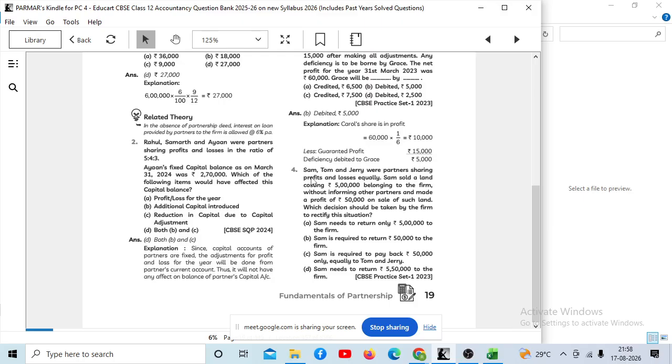Option A, Sam needs to return only 5 lakh to the firm. Option B, Sam is required to return 50,000 to the firm. Option C, Sam is required to pay back 50,000 only, equally to Tom and Jerry. Option D, Sam needs to return 5 lakh 50,000 to the firm. What will be the correct option according to you? Option B. Why B?